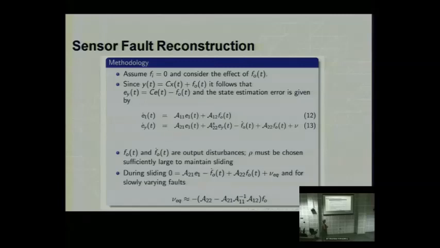So we imagine that F0 is a value, but it's not changing really quickly with respect to time, so that the relative size of this and this are such that this is the important one. So within the dynamics, we can ignore this because the rate of change with time of the actuator fault, of the sensor fault, is slow.